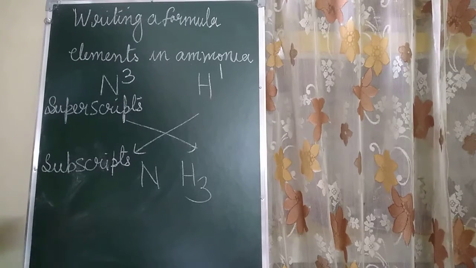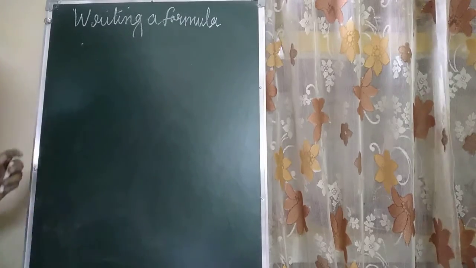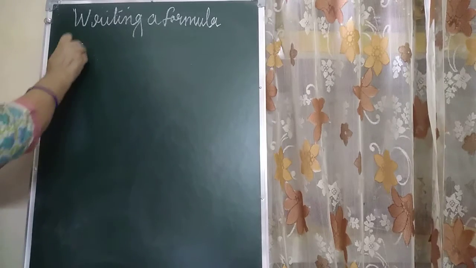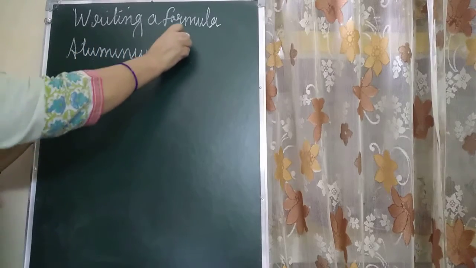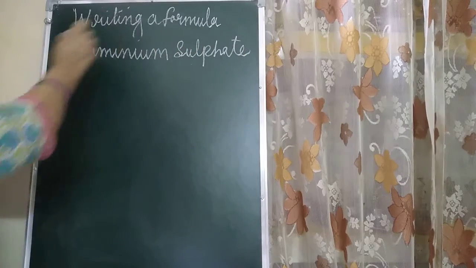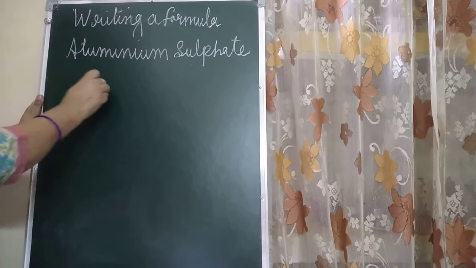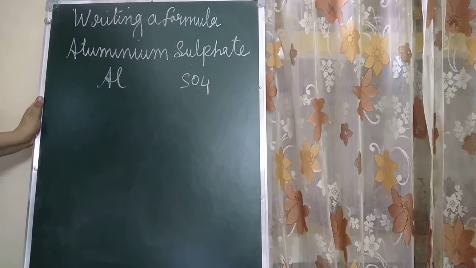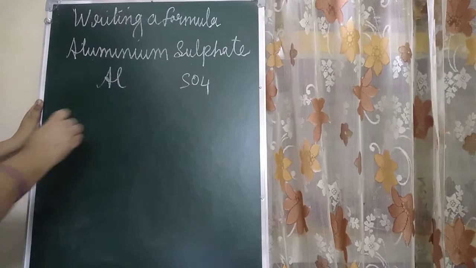Now if we have to write the formula for aluminium sulfate. It is made up of aluminium and sulfate, children. What is the valency of aluminium?